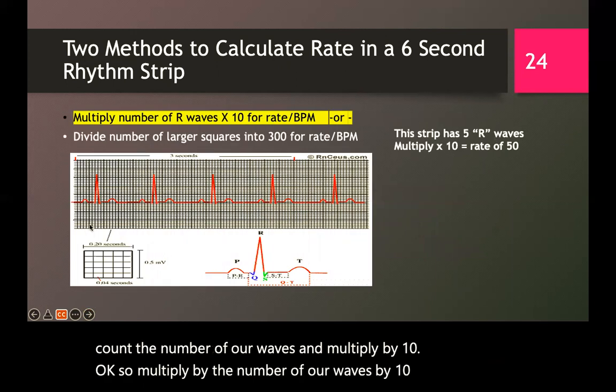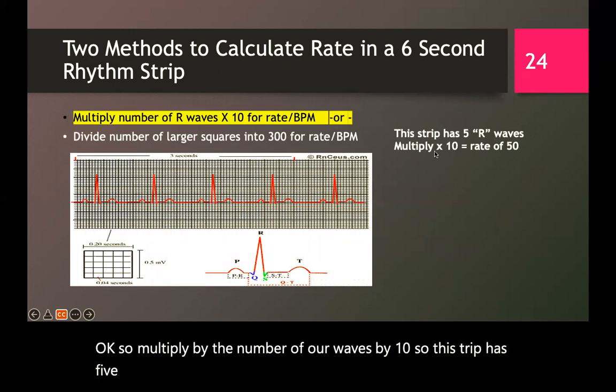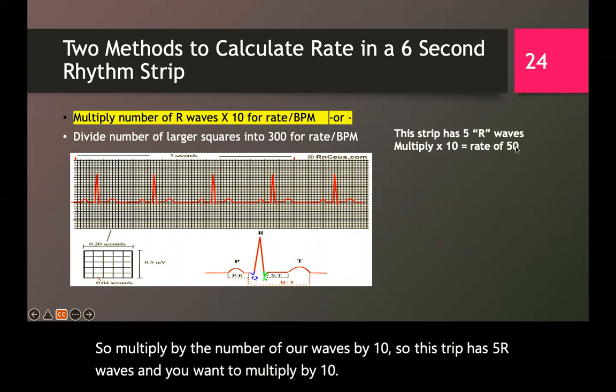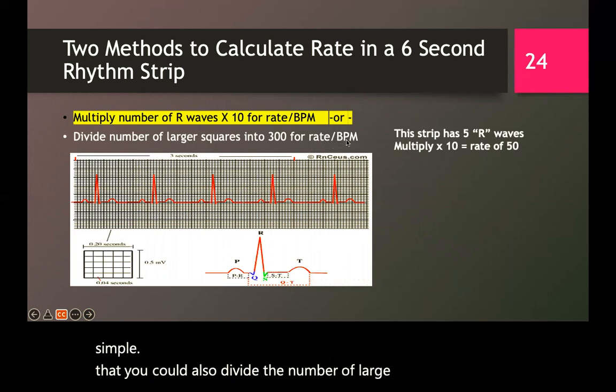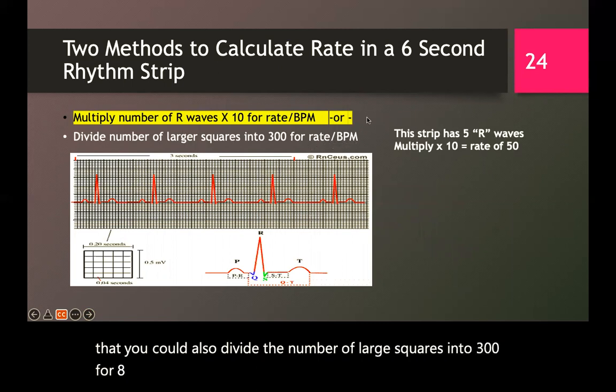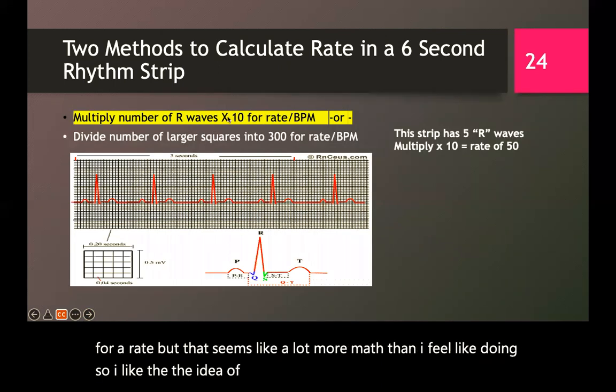So this strip has 5 R waves, and you want to multiply by 10 to get a rate of 50. So here's 1, 2, 3, 4, 5. 5 times 10 is 50. Okay, very simple. You could also divide the number of large squares into 300 for a rate, but that seems like a lot more math than I feel like doing. So I like the idea of just counting the R waves and multiplying by 10.